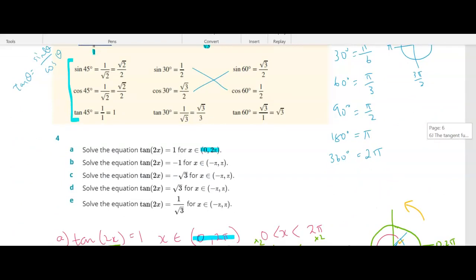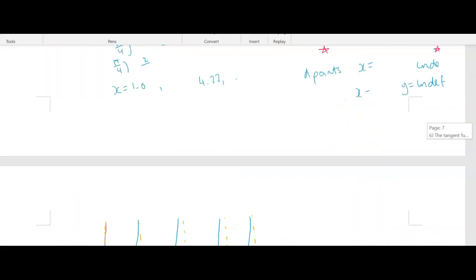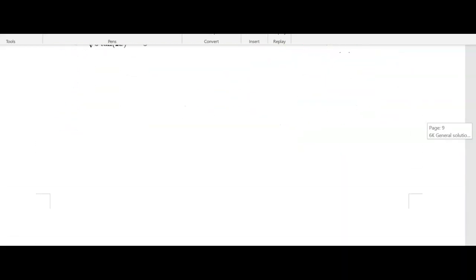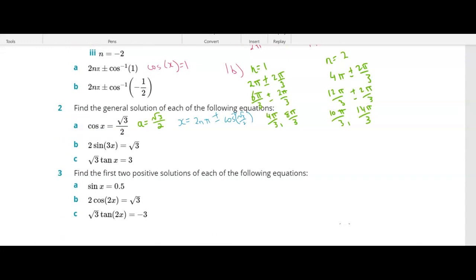Inverse cos of root 3 on 2 is pi on 6. So it's going to be x equals 2n pi plus or minus pi on 6. And you do have to say where n is an element of Z.